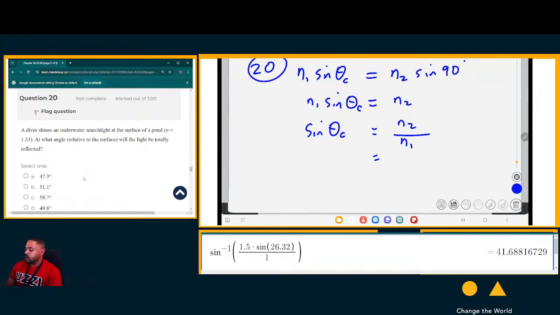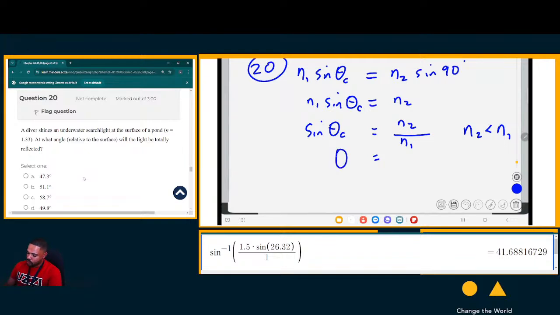Note, for total internal reflection to occur, N2 must have a lower index of refraction than N1. That's the only way this happens, because the light must be bent away from the normal.